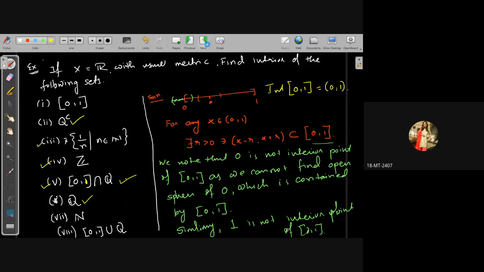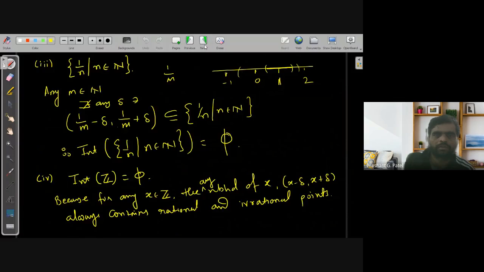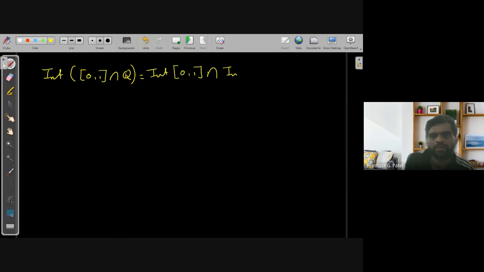Interior of closed interval 0, 1 intersection Q will be interior of closed interval 0, 1 intersection interior of Q. The interior of the empty set we already calculated. Interior of closed interval 0, 1 we already calculated, the open interval 0, 1. So finally you will have the empty set as the answer.